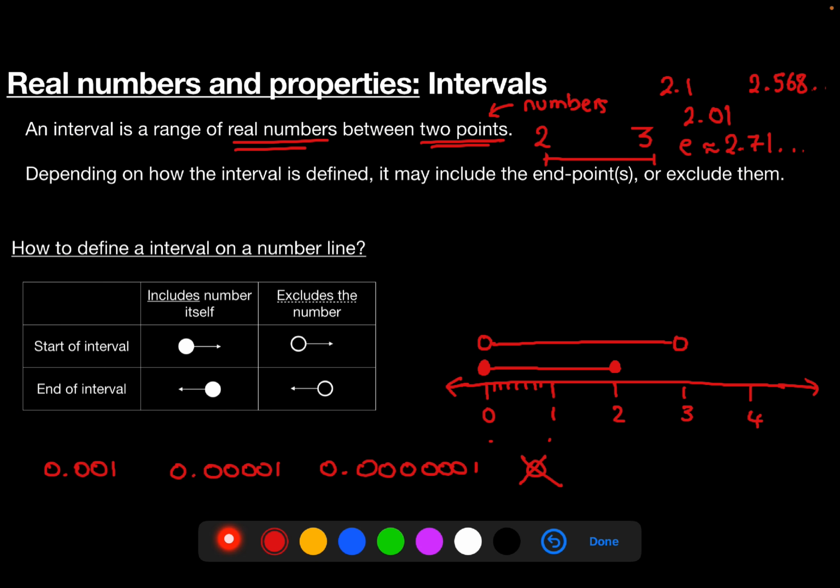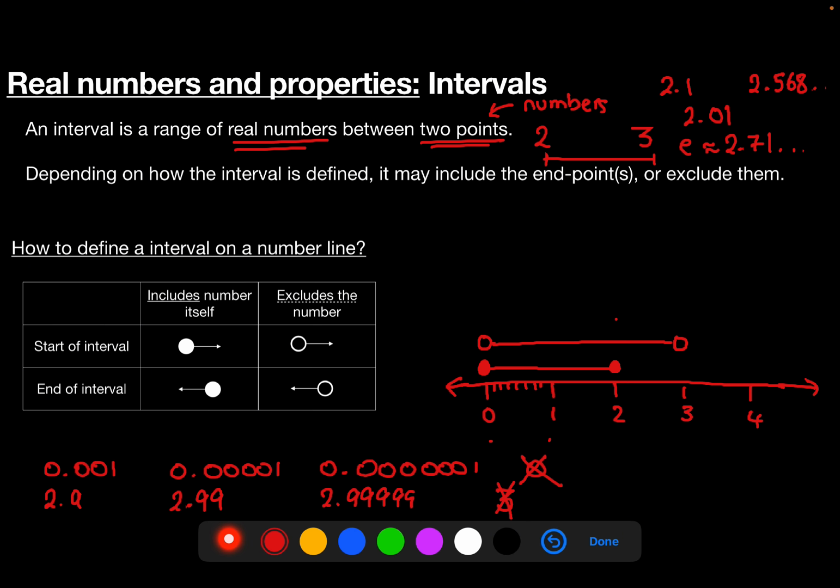And similarly, for 3, we have that 2.9 is included, or 2.99 is included, or 2.99999 is included, but 3 is not included. So we get crazily close to 0 or 3, but we never really reach 0 or 3.